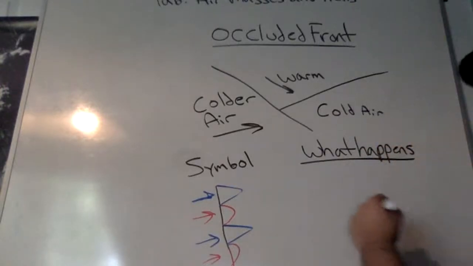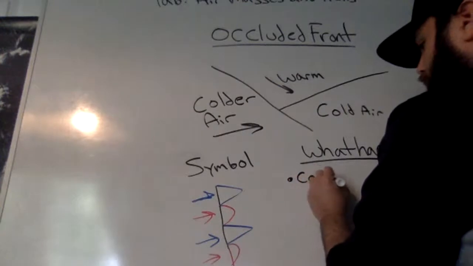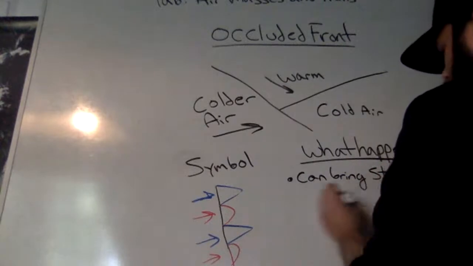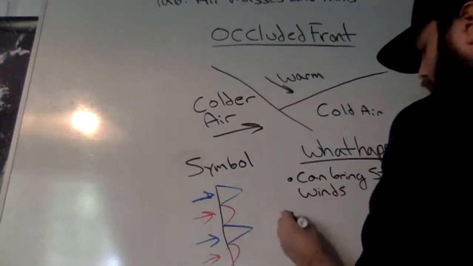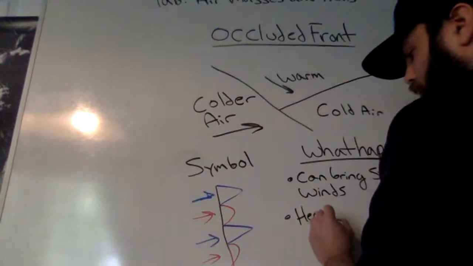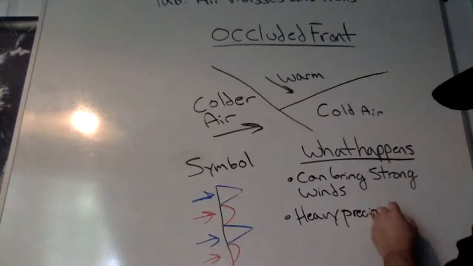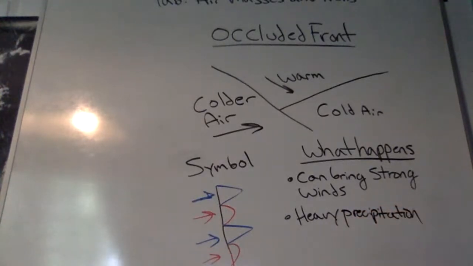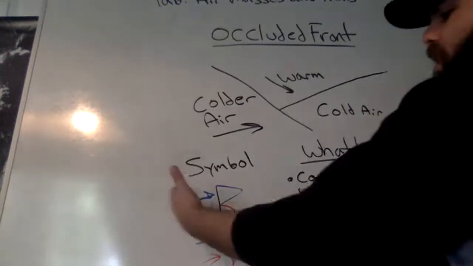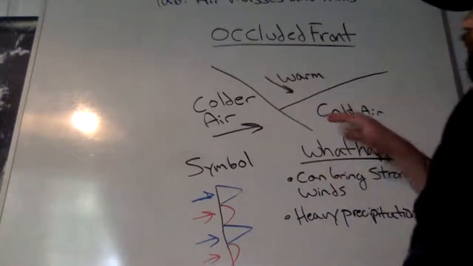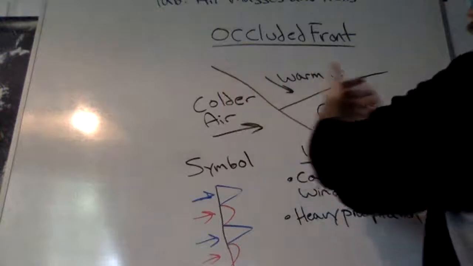It can bring strong winds and heavy precipitation. And remember, precipitation could be anything. It could be rain, snow, hail, sleet. Because the cold air basically catches up to the warm front and it moves together, and then that warm air goes, and then you get that cold air because they're mixing and they're all going this way.